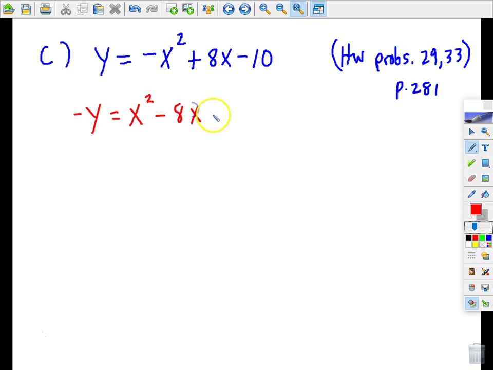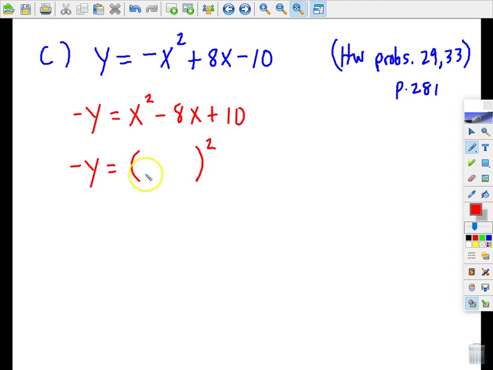Just think about every individual number or term being either multiplied or divided by negative 1, and negatives become positives, positives become negatives. Okay, so this is just a temporary step to enable us to go through our procedure that I showed you on the previous slide.